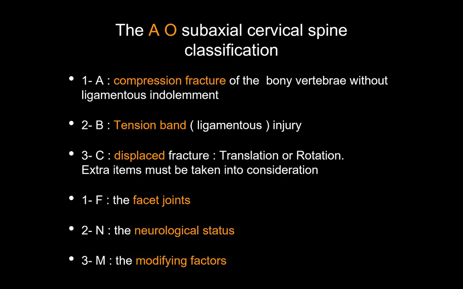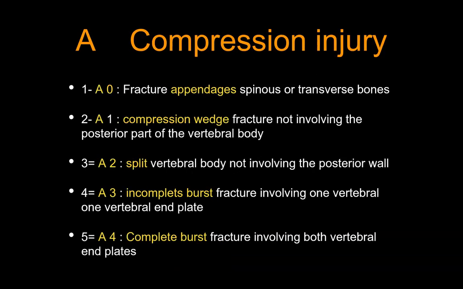But extra items must be taken into consideration: F, to describe the facet joints, N, to describe the neurological status, and M, modifying factors. So for A, we're talking about the bone. You can get A0, fracture of appendages, spinous or transverse processes.